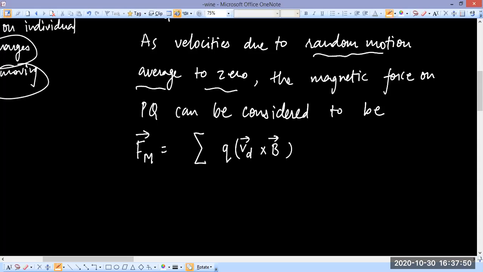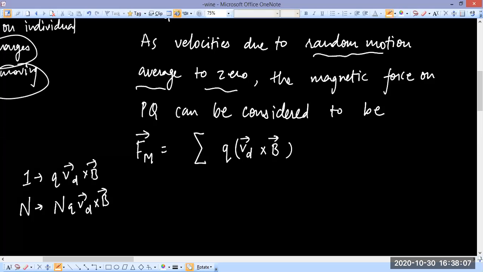So what this means is that instead of adding, I could just say that for 1 it is going to be Q into Vd cross B. Then for suppose n charge carriers, it is n into Q into Vd cross B, right? For n charge carriers, right?